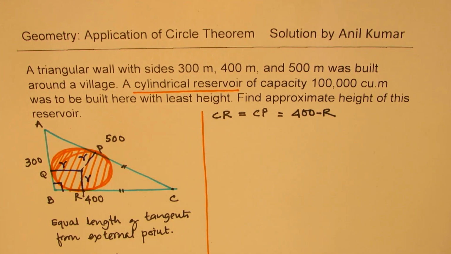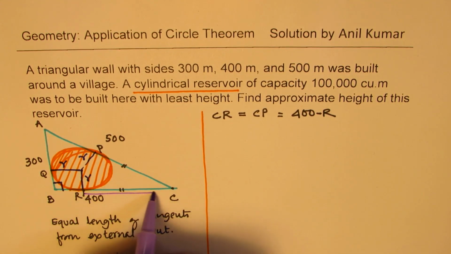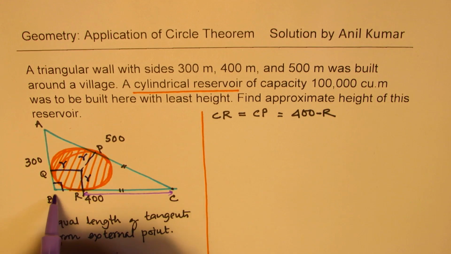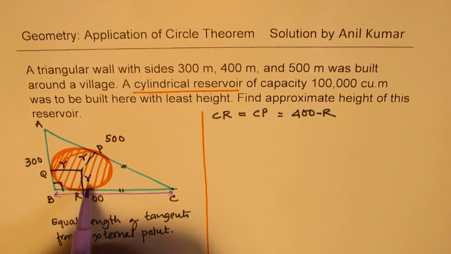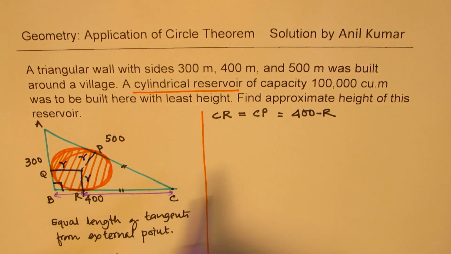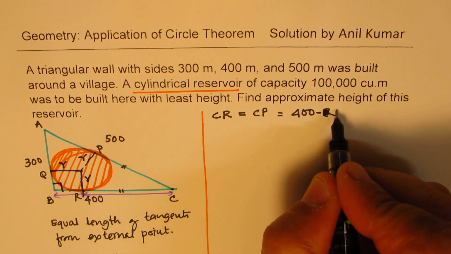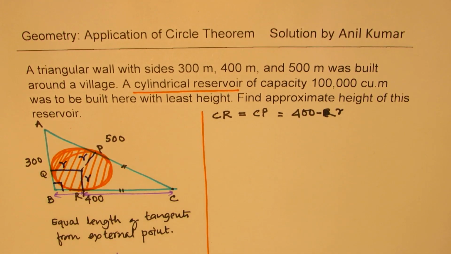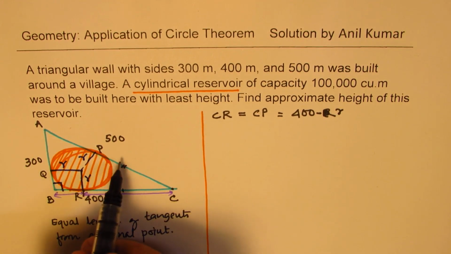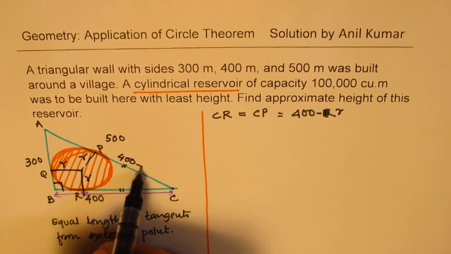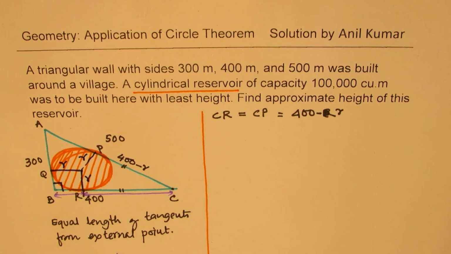As you can see here, this distance C to R, and this is R, small r. Oh, we kept capital R, that's okay. Let me make it smaller. So that means that C to P is 400 minus R.